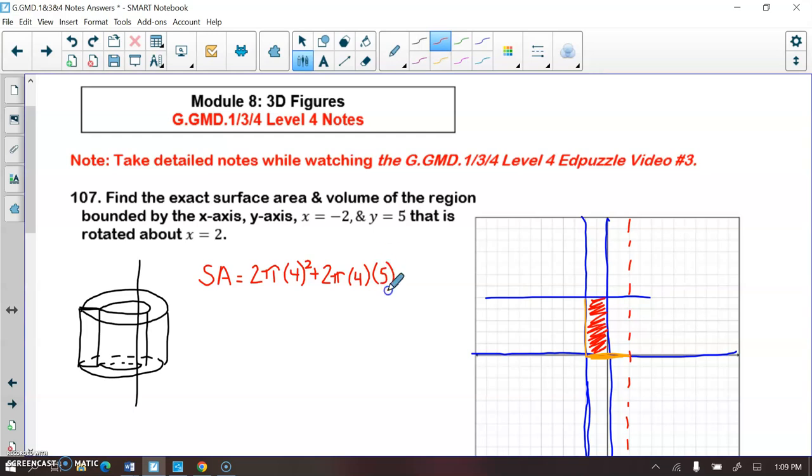However, there is a cylindrical hole running through that cylinder. So I'm going to have to subtract these 2 circles here, which is going to be 2 pi r squared, where the radius of the hole is 2 units, what I just highlighted in green.